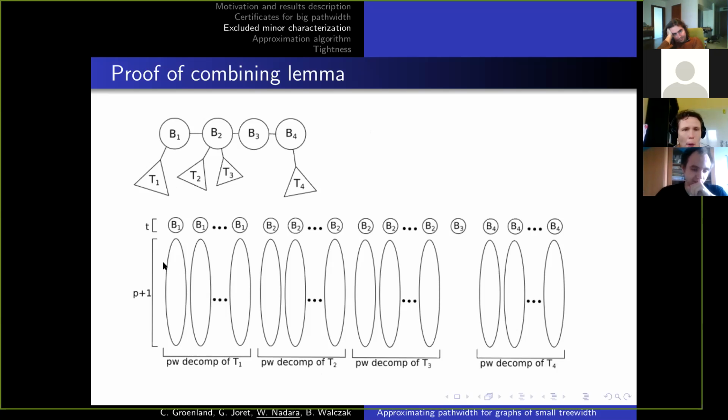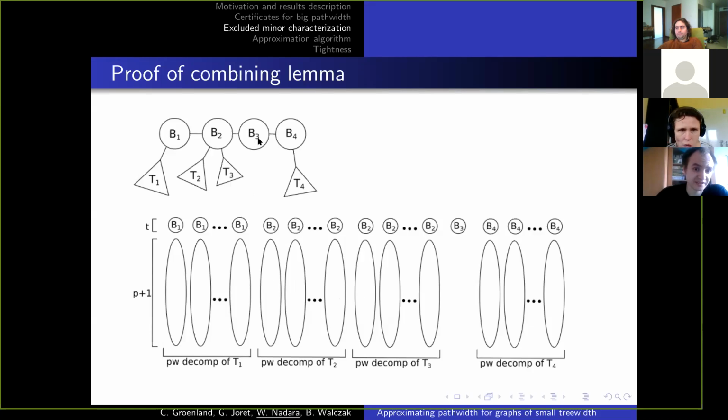For the part where we have the path decomposition of T1, to each bag of it we want to add all vertices from bag B1. For T2 and T3, their parent bag is B2, so we'll add vertices from bag B2 to each bag from the path decompositions of both T2 and T3. And similarly for B4 and T4.